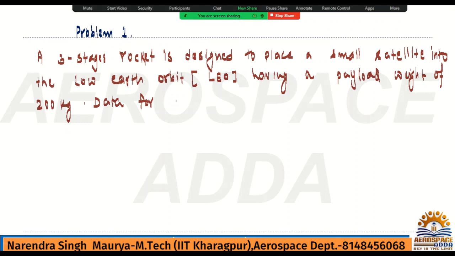Data for the rocket is given in the table below.